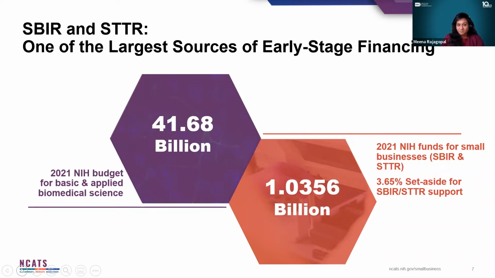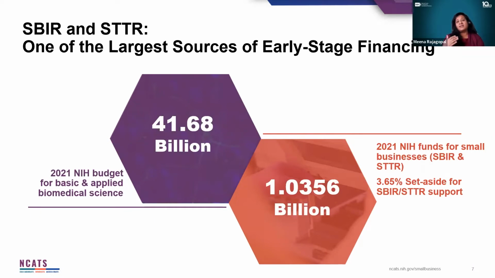This is a congressionally mandated program, and other federal agencies participate in it, including the CDC and the NSF, and of course the NIH. The budget for the small business program tracks the agency's budget, and what this means is that here at NIH, it is about 3.65% of the agency's budget that amounts to about $1 billion set aside just for the small business program.